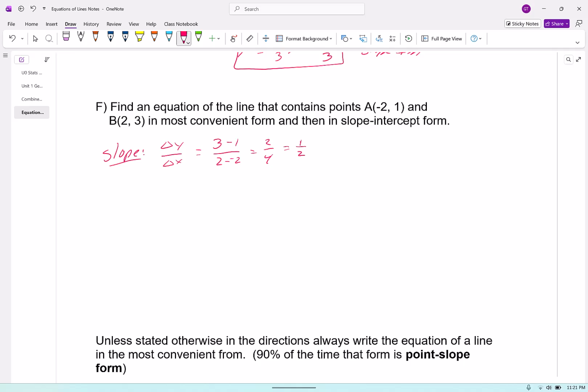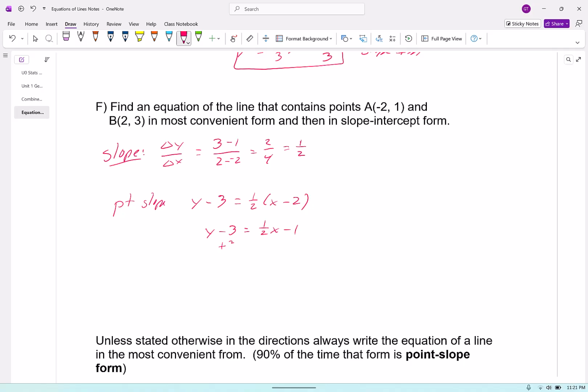And so now I could do the point slope. I'll have y minus 3, we'll use point B. It doesn't matter which one you use. 1/2 x minus 2. So I end up with y minus 3 equals 1/2 x minus 1.